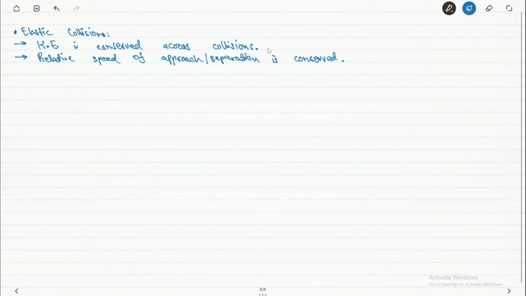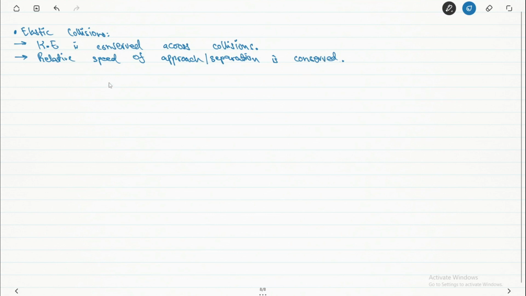They can even tell you that the collision is elastic and ask you to calculate the kinetic energy of a specific particle, and you should be able to do this using this principle. The next and last thing you need to know is that the relative speed of approach or separation is conserved across collisions.